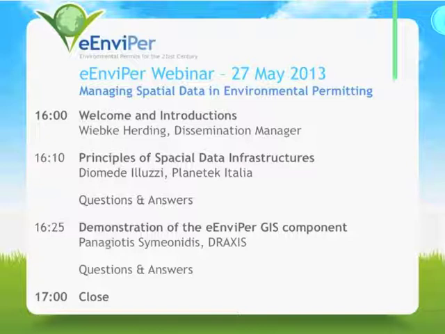Well, we're running these webinars in the context of an EU project, which is developing an e-government solution for environmental permitting. And so we have a number of functions that this software has, which includes knowledge management, workflows, but we found that one of the features that is really important and that is also really impressive is if we actually put all the geographic data related to environmental permitting into one system.